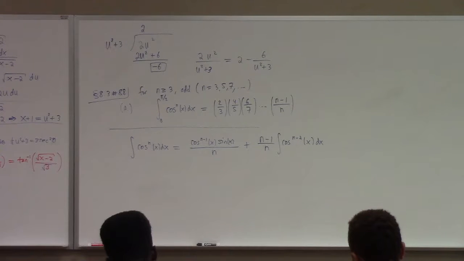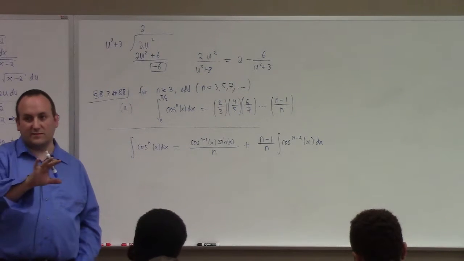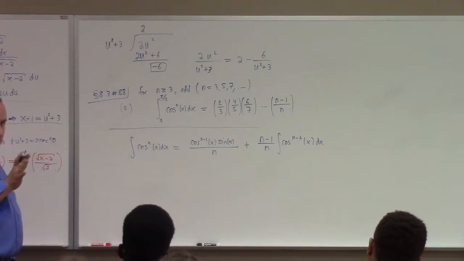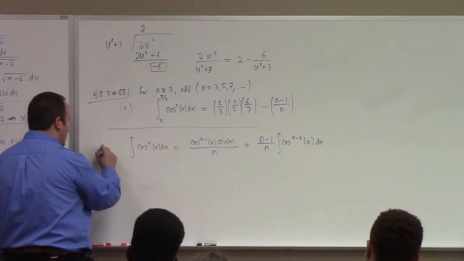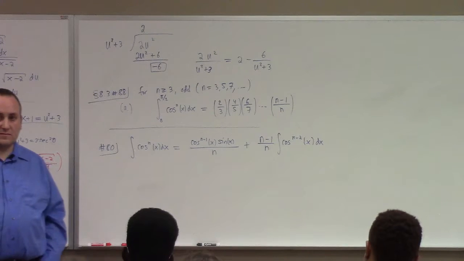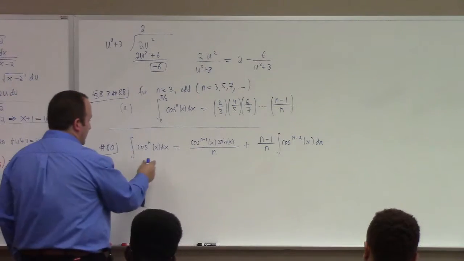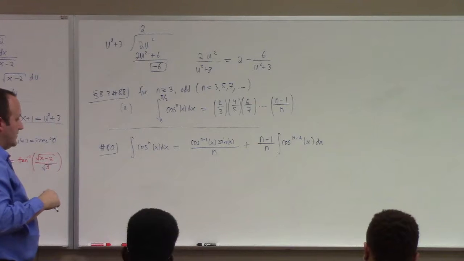See that 82 right there? That's a reduction formula for secant to the n of x. That actually would be an efficient way to tackle those higher secant powers we ran into the other day with my unfortunate examples yesterday. I don't want to get into it, but how about this one? So how does number 80 help us with this? By the way, you prove this by just doing integration by parts, pretty much. If you do integration by parts on this, you can get that formula. It's not that hard, really.